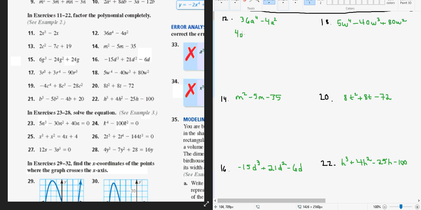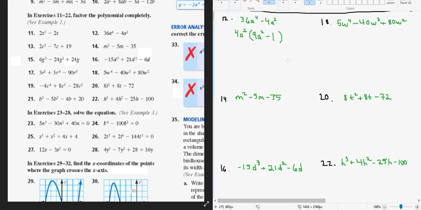So I'm going to factor out 4a squared. That is my greatest common factor. And what would remain after factoring out 4a squared? 36a to the fourth divided by 4a squared is going to give me 9a squared. In other words, if I multiply 4a squared by 9a squared, I would get 36a to the fourth. 4a squared times what would give me this? Or in other words, if I take this term and divide out 4a squared, I would get a negative 1.